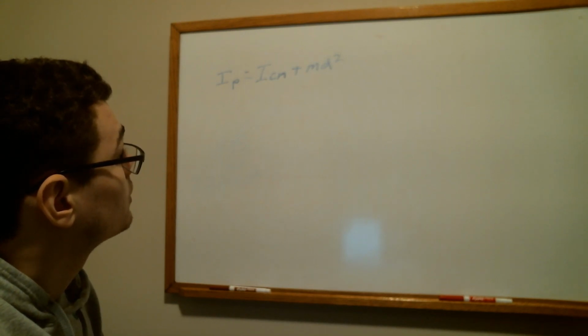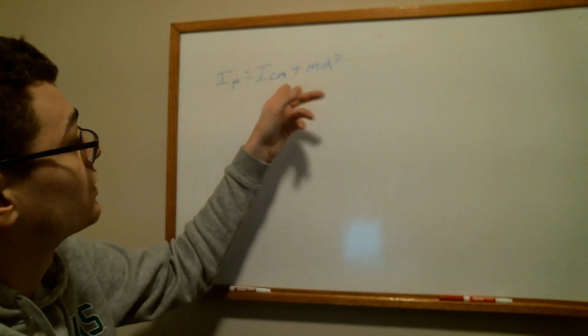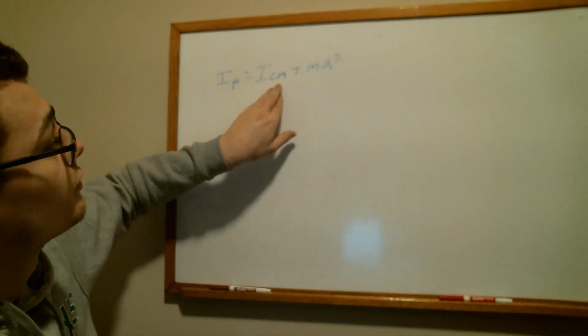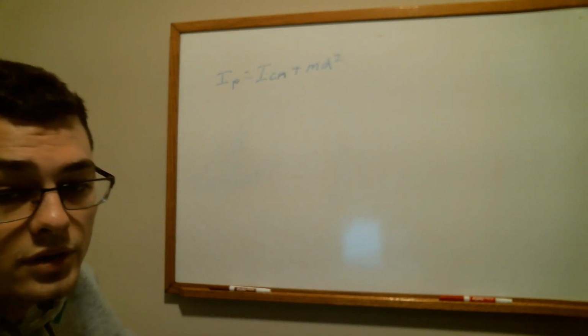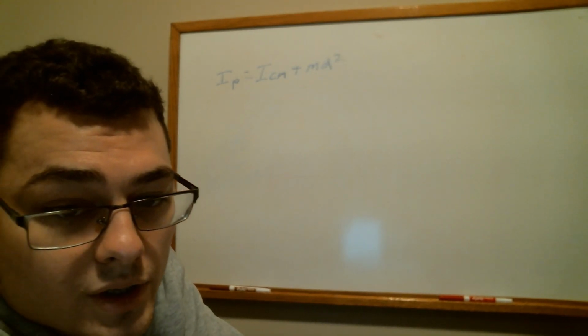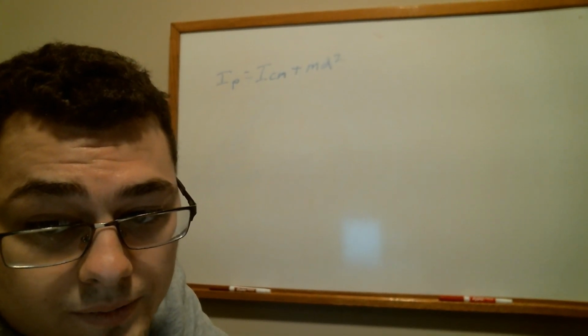You just need to take the moment of inertia with respect to the center of mass, and then add on this component as well. This is a pretty simple theorem with a large number of applications.